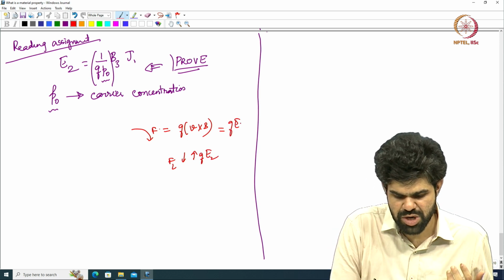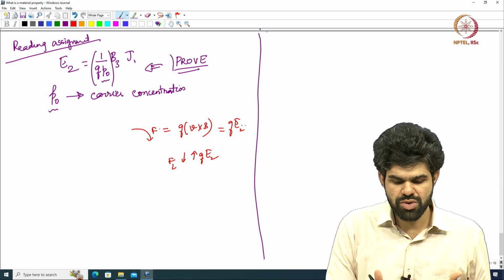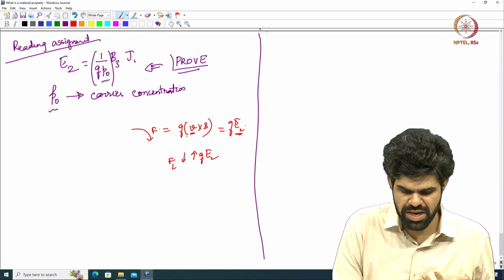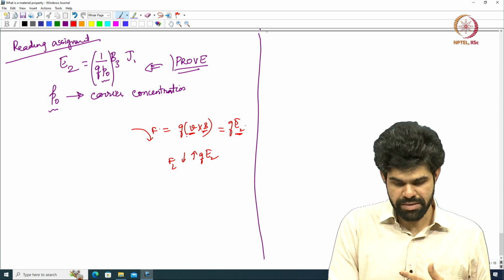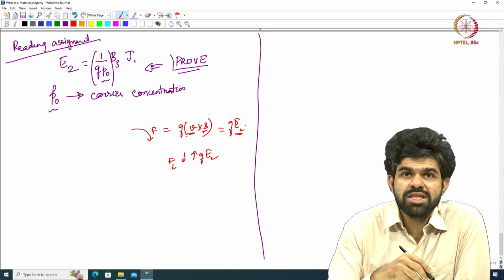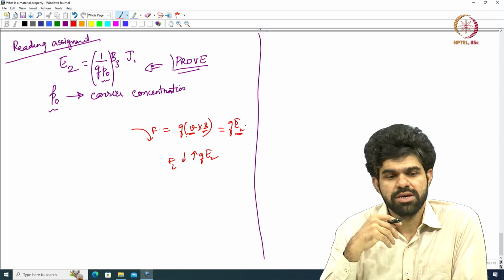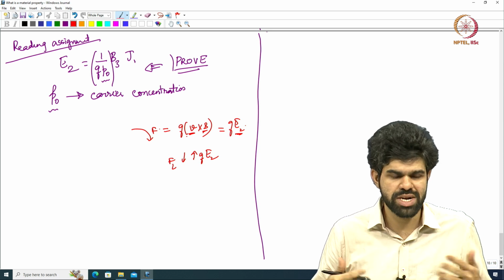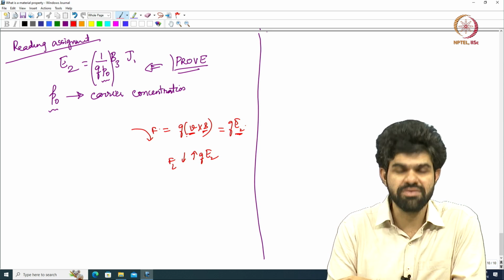So q v cross B should be equal to qE2, and based on that you can get a relation between E2 and J, since v has J in it, B3, and other constants. Okay. So this is something that you can derive yourself, and I urge you to derive it. If you are getting stuck, you can look at a standard solid state device textbook.